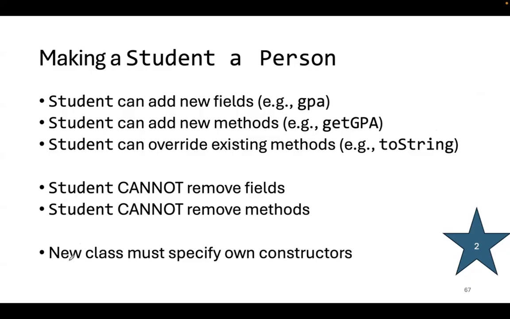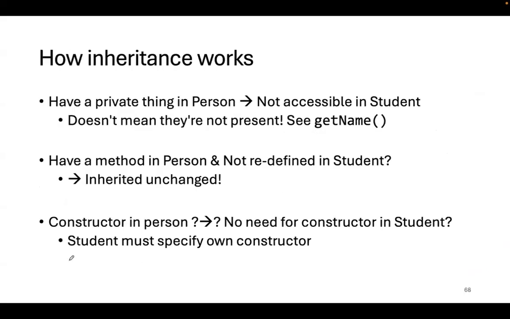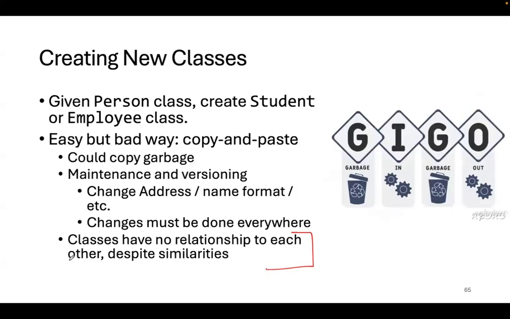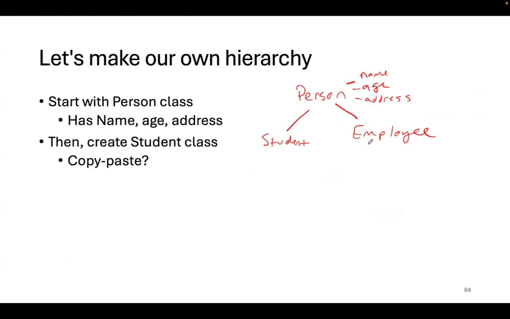All right, so problem 2. On the packet, there's not so much room to write, but I would like you to maybe talk with your neighbor, make an employee class. We've got person, student, employee, this hierarchy. So maybe keep it really simple. What do we want to add for an employee? Is it like salary or company or something like that?